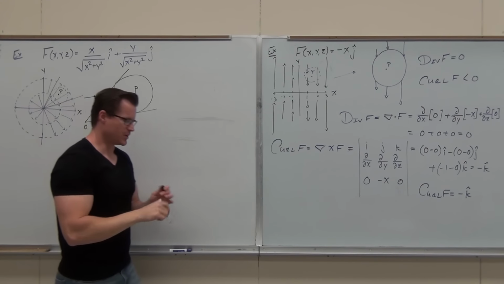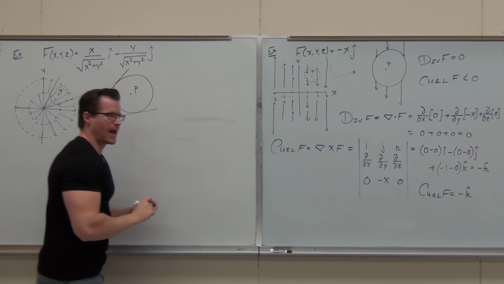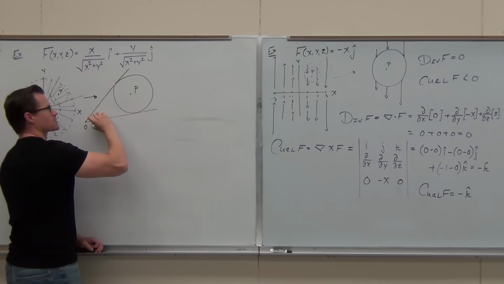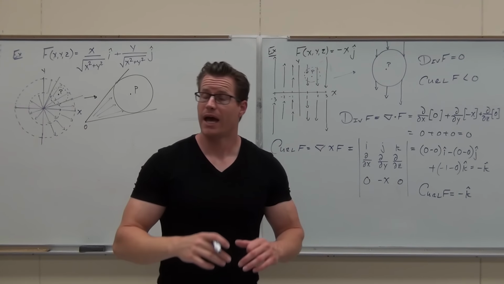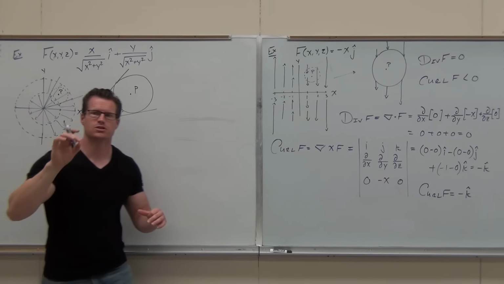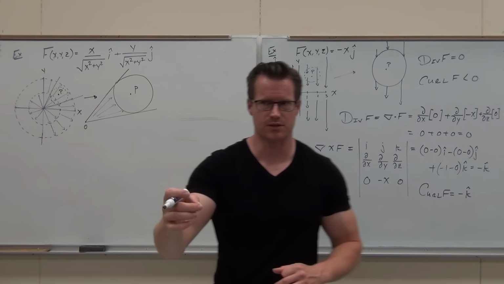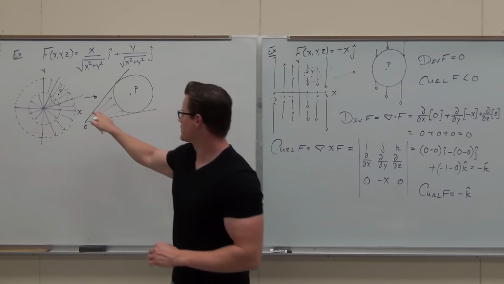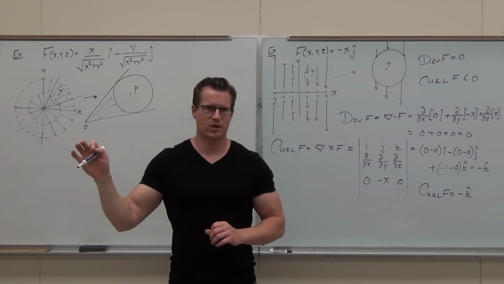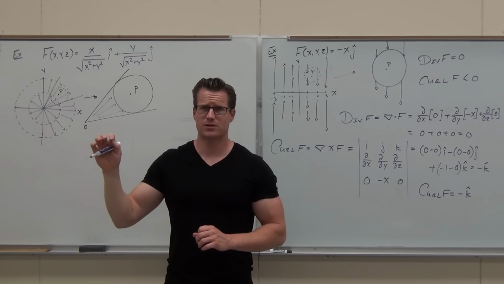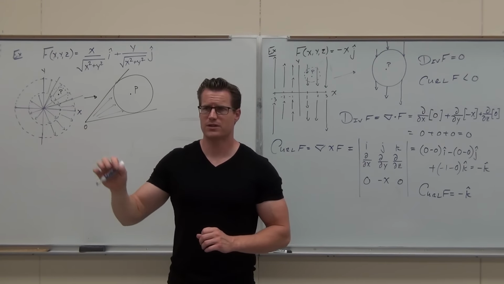And I'm going to have vectors hitting the inside of this neighborhood and leaving the outside. But here's the major point of this. Check it out. If I look at the vectors entering and the vectors leaving, are there more vectors entering than leaving, the same number entering as leaving, or more vectors leaving than entering?